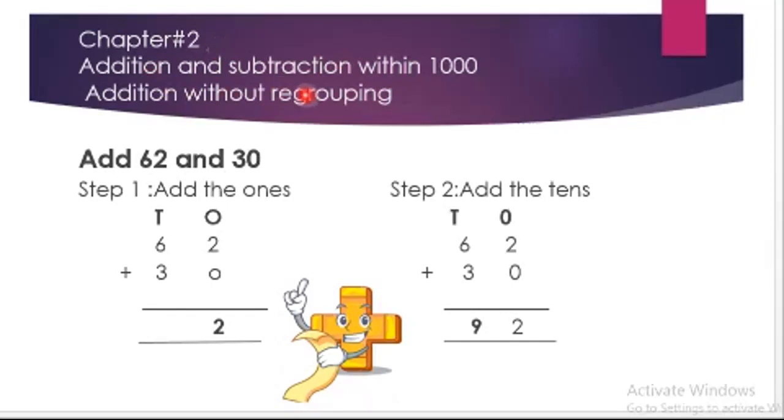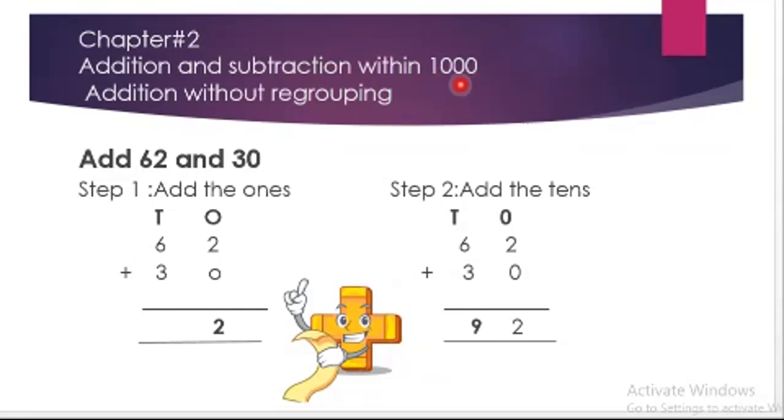You have already done this in grade 1, but here in grade 2, now you are grown-up kids, so you are going to learn to add and subtract numbers up to 1,000. That's the interesting part, the new thing that I'm talking about.